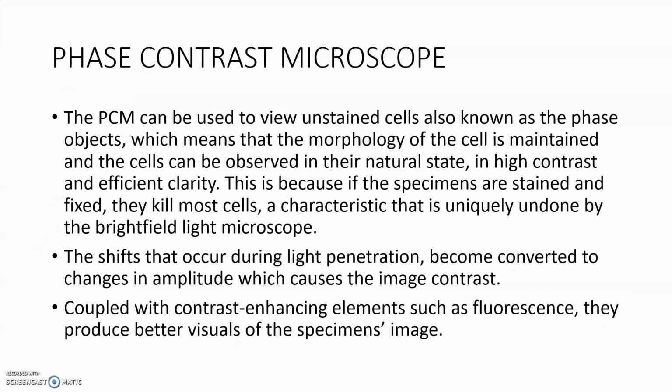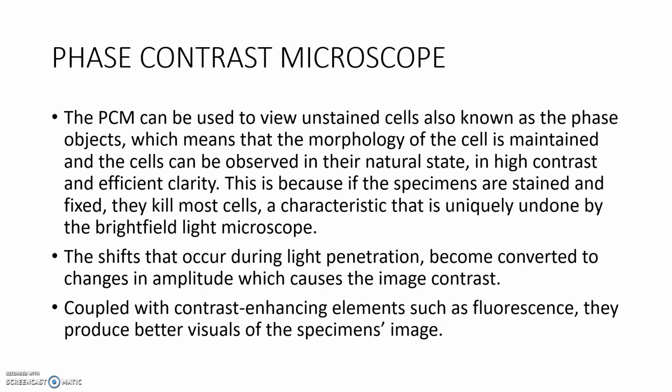With the phase contrast microscope we can view unstained cells, also known as phase objects. The morphology of the cell is maintained and the cells can be observed in their natural state. Usually we observe specimens after heat fixing or drying, then applying stains.